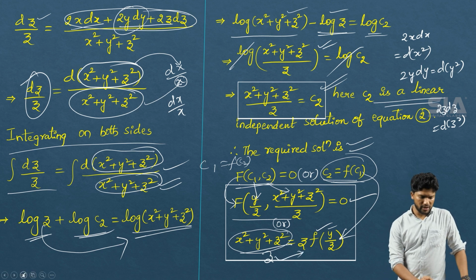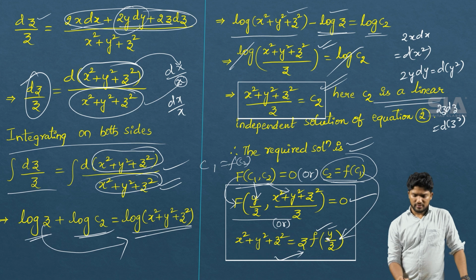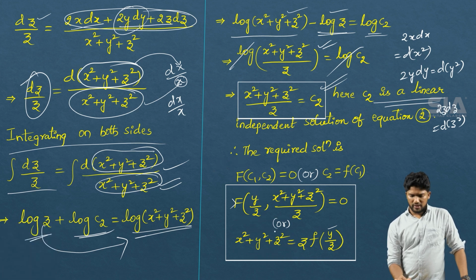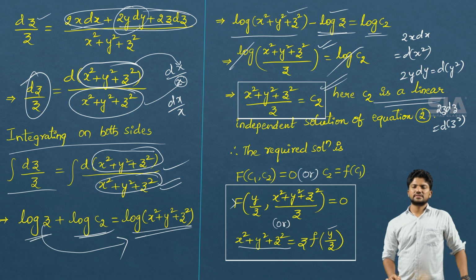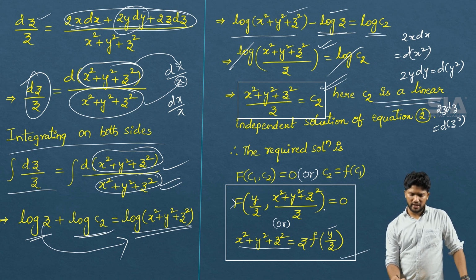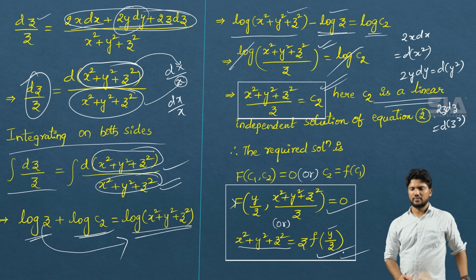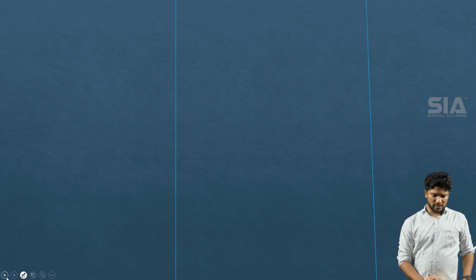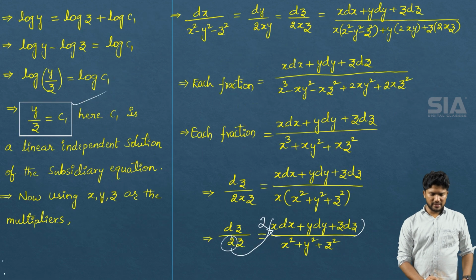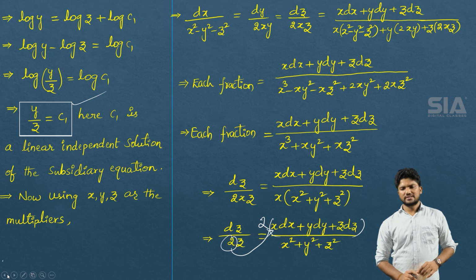So that's why I wrote directly: x square plus y square plus z square is equal to z into f of y by z. So this is the solution. Either you can write this one or you can write that one. Both are the final solution of the given Lagrange's linear partial differential equation.